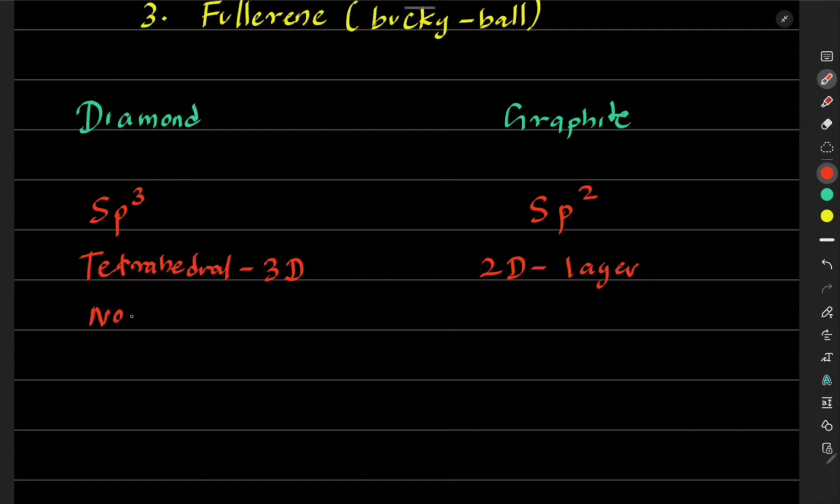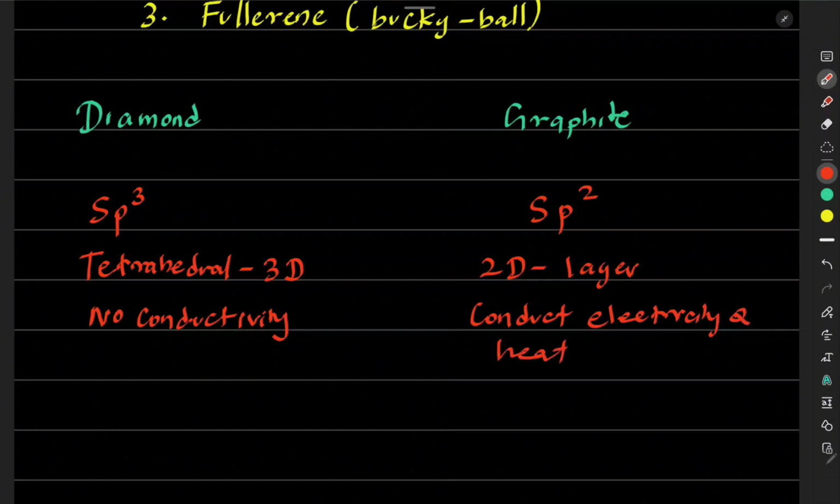Diamond has no conductivity. It does not conduct electricity or heat. Graphite can conduct electricity and heat. This is the only non-metal which conducts electricity and heat.